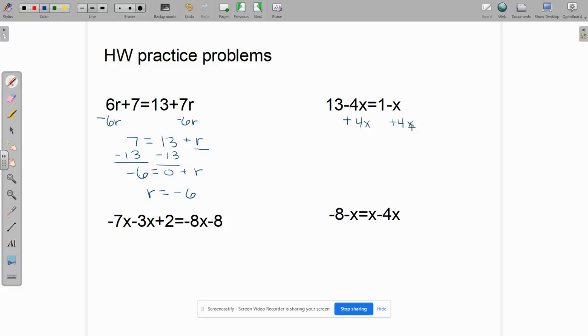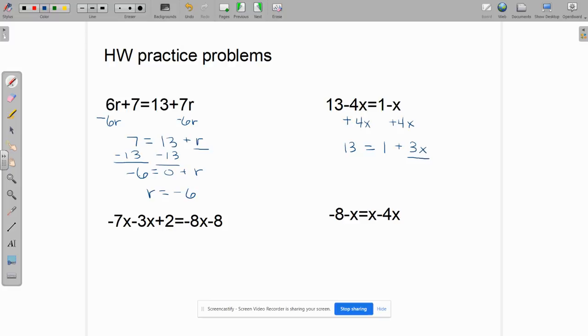So again, this is just to ensure that I have my variable on one side before I proceed to anything else. So if I add 4x to negative 4x, I'm going to be left with just 13 on this side. Then 1, and if I have negative x plus 4x, I'm going to have positive 3x.